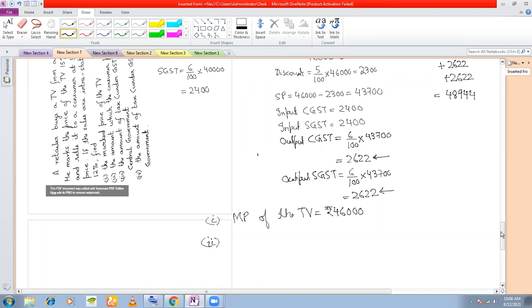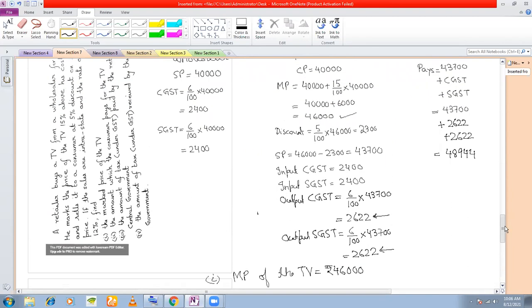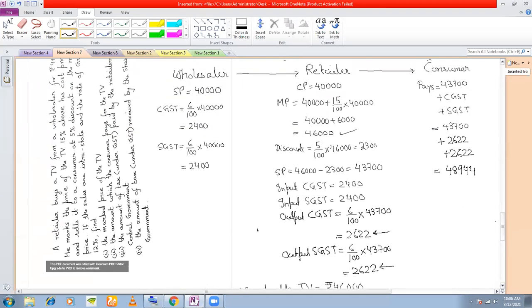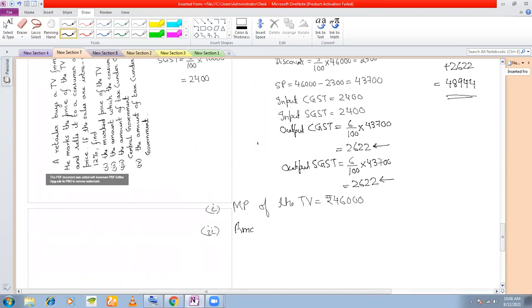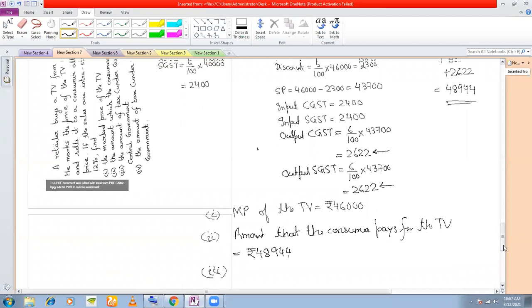The second question here is the amount which the consumer pays for the TV. How much is the consumer paying? 48,944. The second one. Third one.